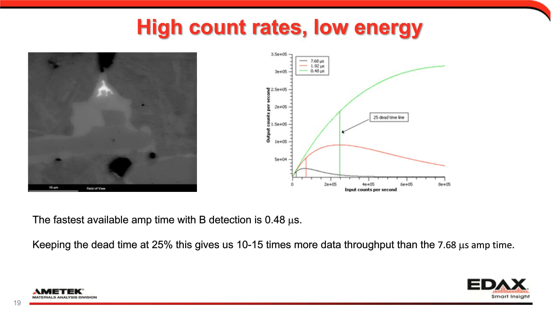That is true, but if you have an inherently low noise level, you can still speed up the acquisition, go to a faster amp time, and get good results and more statistics. Comparing the 7.68 microseconds amp time at 25% dead time to the 0.48, you get 10 to 15 times more data throughput. We can see here at the 25% dead time, we'll roughly be getting 180,000 output counts. We increase our input counts to roughly 300,000.